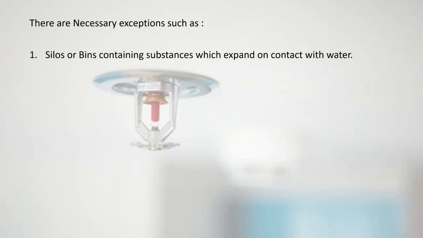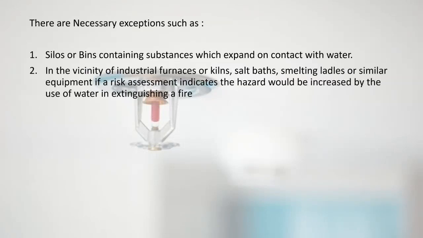So you've also got necessary exceptions. Makes sense. Some areas, some rooms just will not like the introduction of water. So silos or bins containing substances which may expand on contact with water.